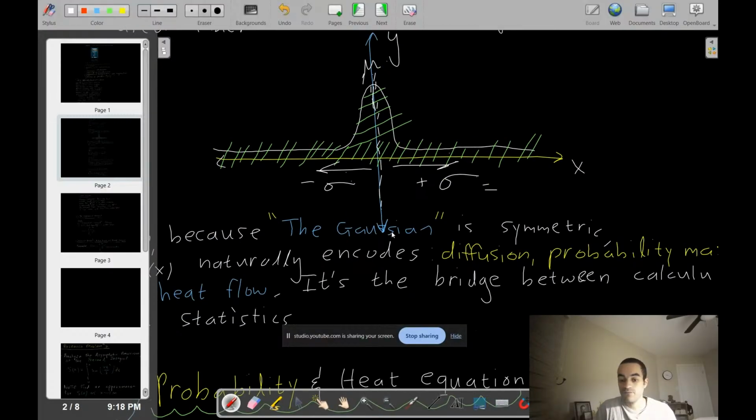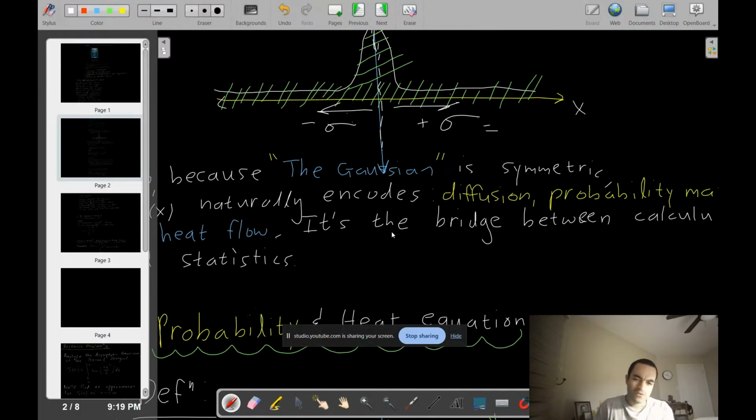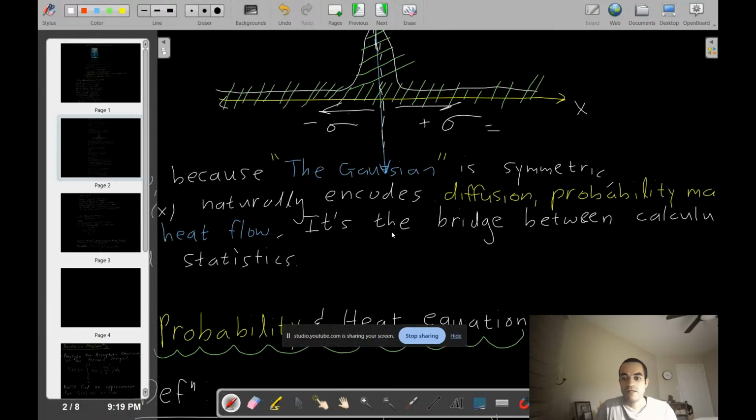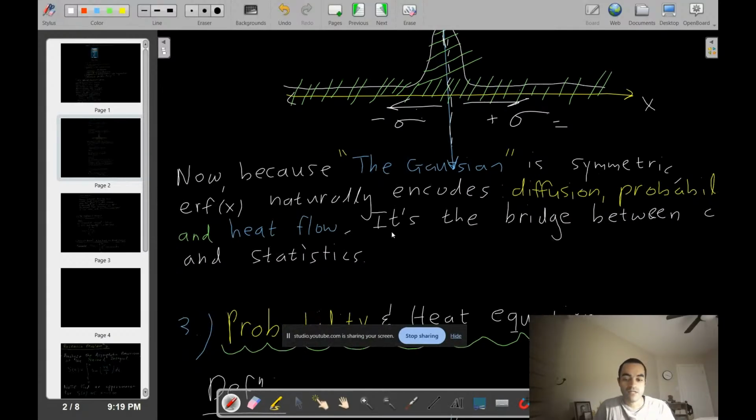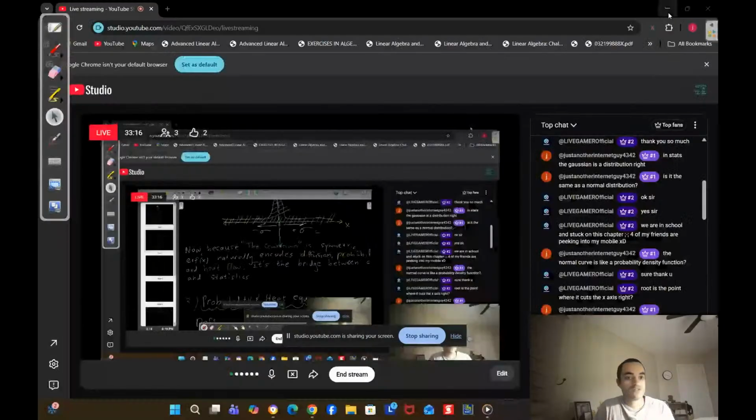Gaussians are very important in probability. We're not going to be looking at probability in this live show, just the applications of integrals in probability, diffusion, and heat flow. I'm going to talk about that stuff. And this pretty much is the bridge between calculus and statistics. Any questions on that?